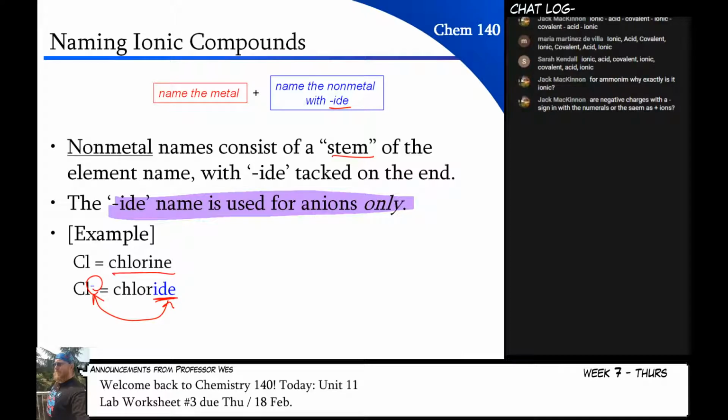So I think I understand what your question is. You're never going to have a negatively charged metal, so you will never see a negative Roman numeral. So note that we have only included the Roman numerals thing with naming the metal. You have not seen that yet for nonmetals, so you will not include it there because it won't come up. We do not name nonmetals with Roman numerals, only metals.